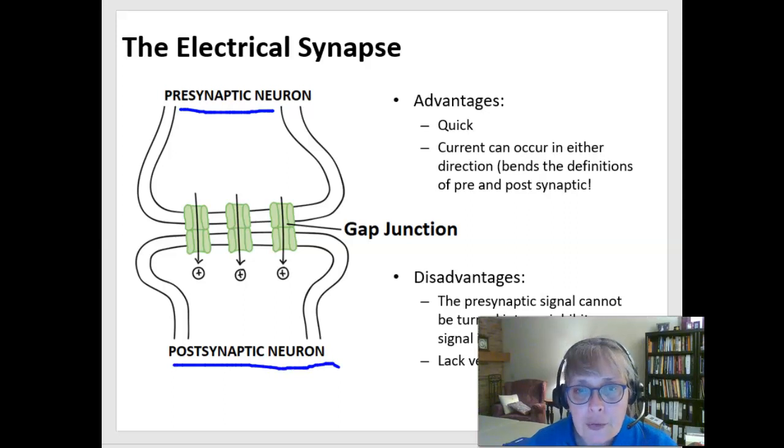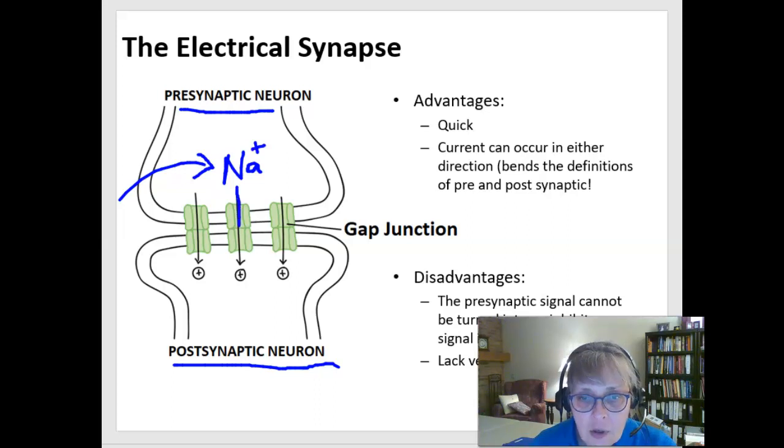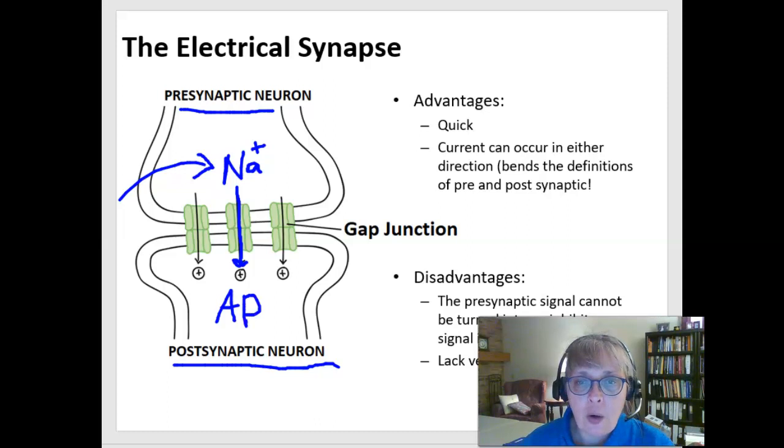If an impulse reaches this axon terminal, usually sodium comes in and stimulates another action potential, but there's no more membrane. So instead, what happens is the sodium goes into the postsynaptic cell and triggers an action potential in the postsynaptic cell. This is very quick. The diffusion of sodium across the gap junction is much faster than across a synaptic cleft, so that's the advantage.